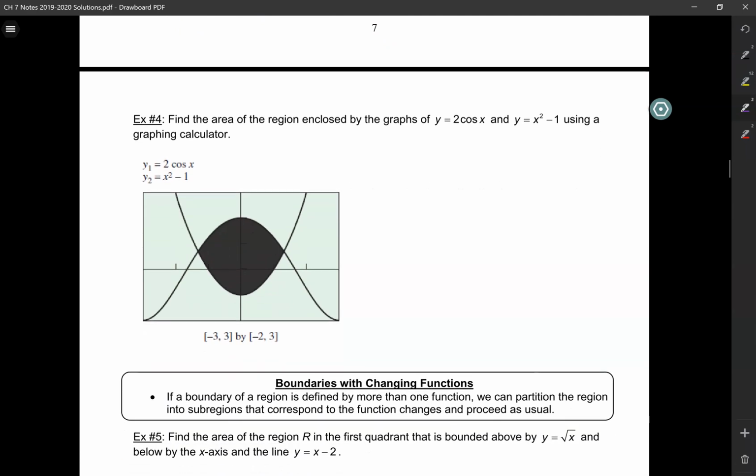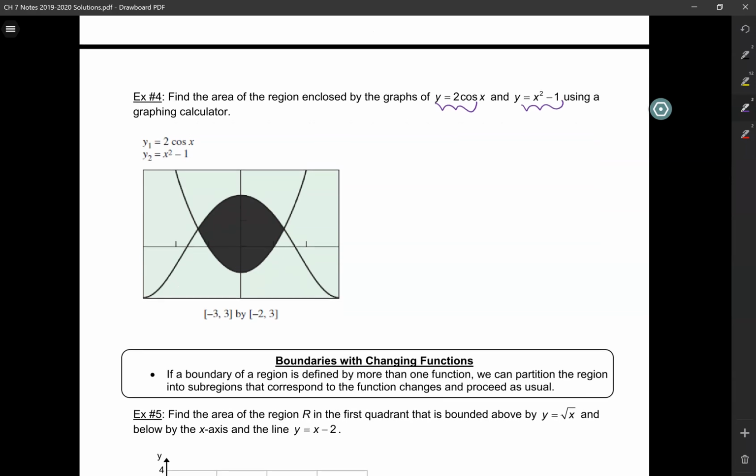Find the area of the region between the graphs y equals 2 cosine x and y equals x squared minus 1 using a graphing calculator. So here we go. You've got 2 here. Just by looking at this, which one is which? What's this top one here?